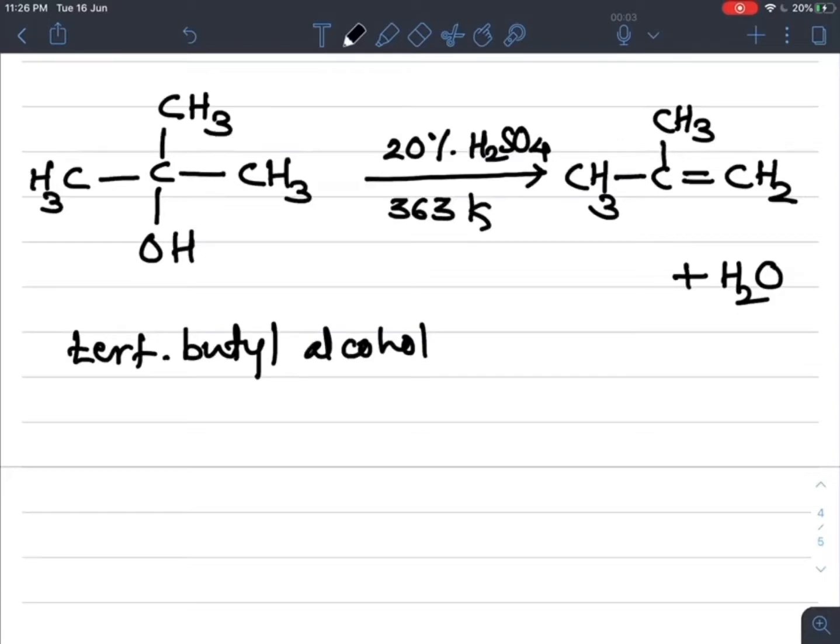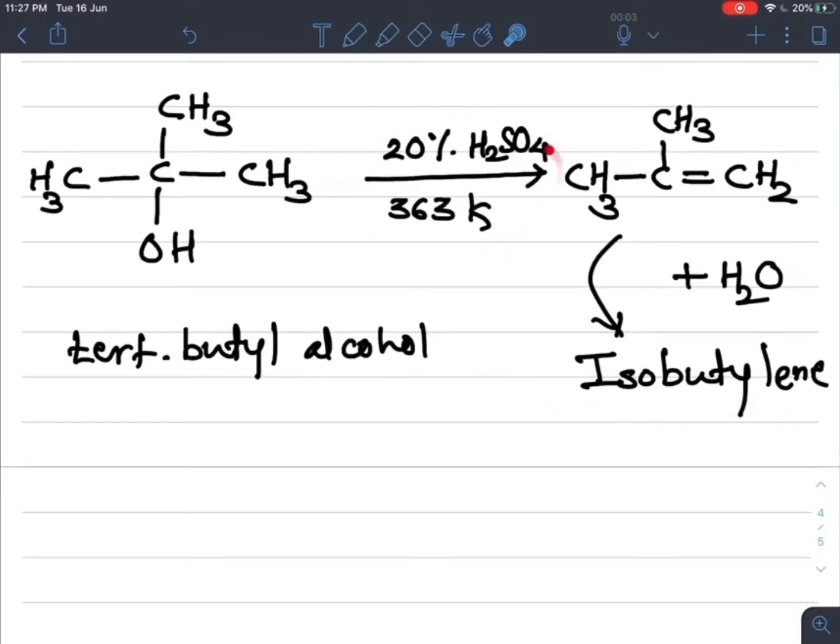So tertiary butyl alcohol is converted into an alkene, the name of which is isobutylene. This is isobutylene. So tertiary butyl alcohol is converted into the corresponding alkene with the same number of carbons, that is isobutylene.